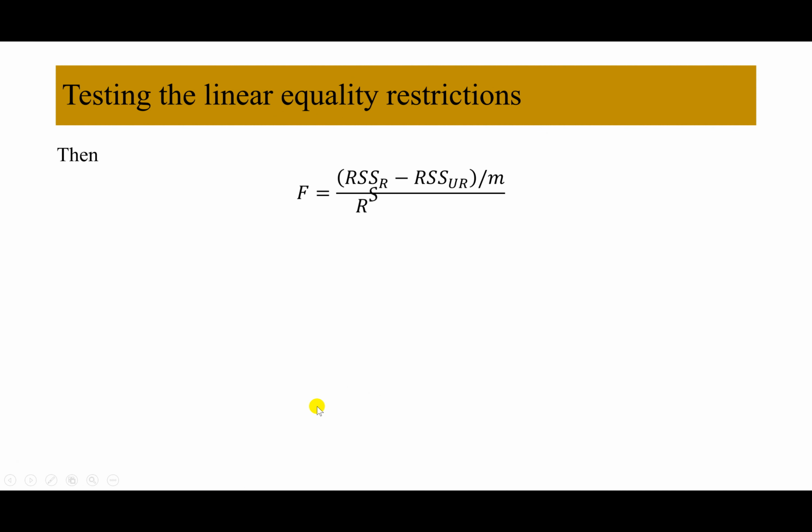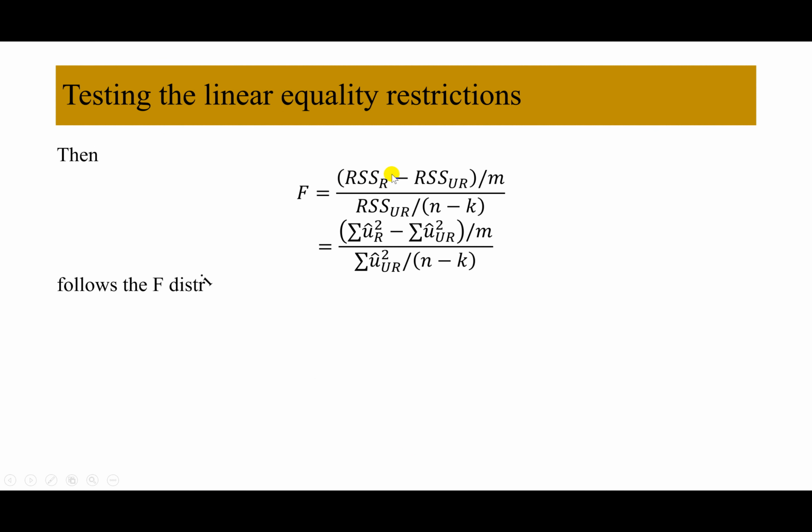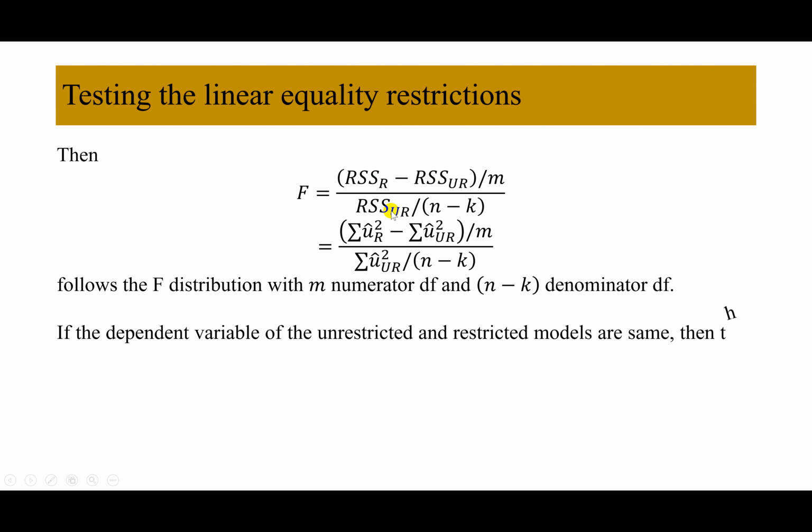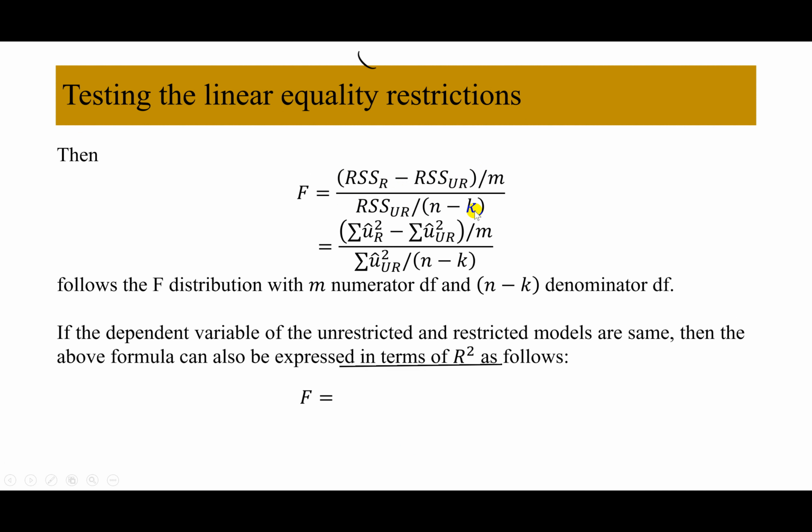Then the variable F is defined as follows: RSS R, that means residual sum of squares of the restricted model, minus residual sum of squares of the unrestricted model, divided by m, the number of restrictions, divided by the residual sum of squares of the unrestricted model divided by n minus k of the unrestricted model.